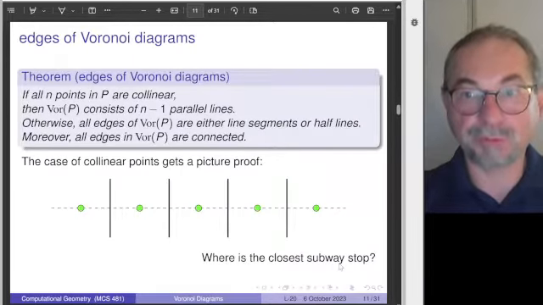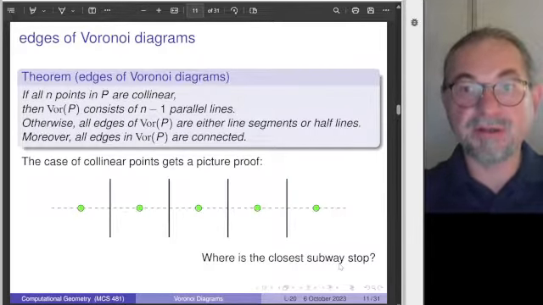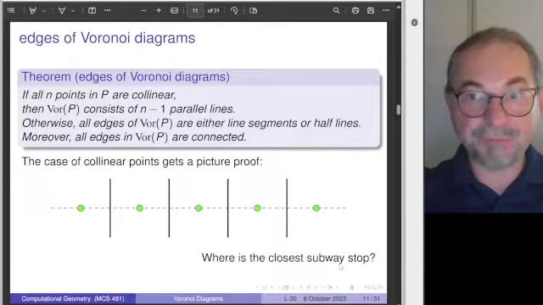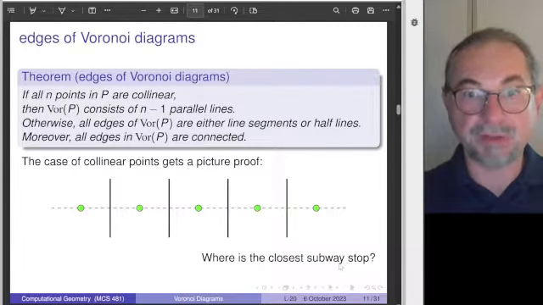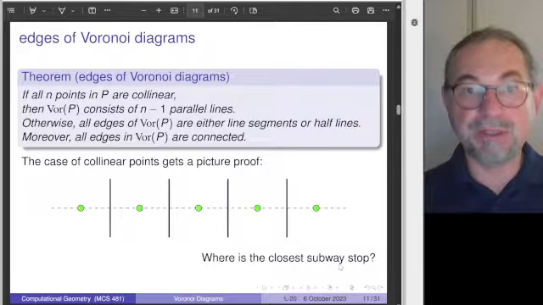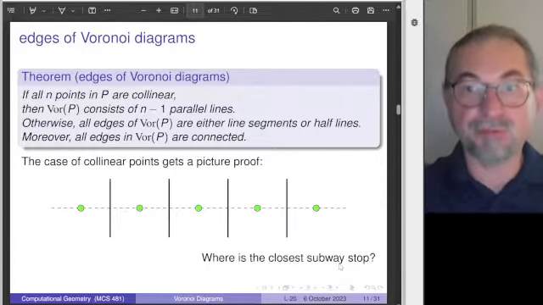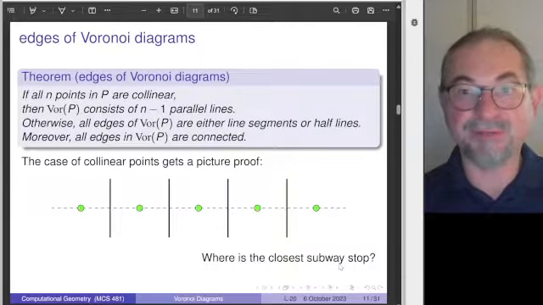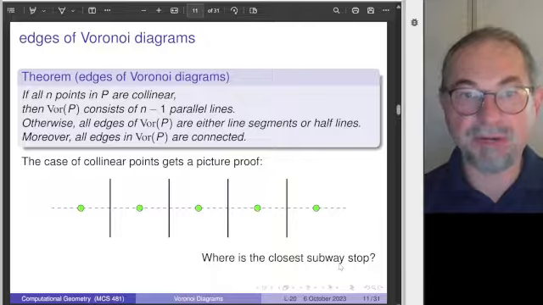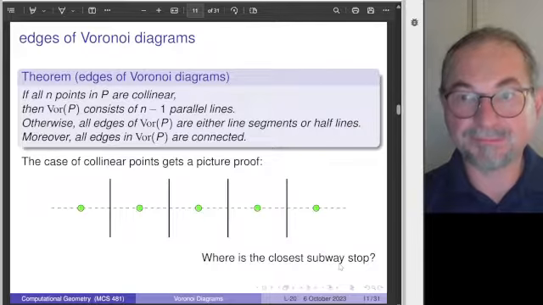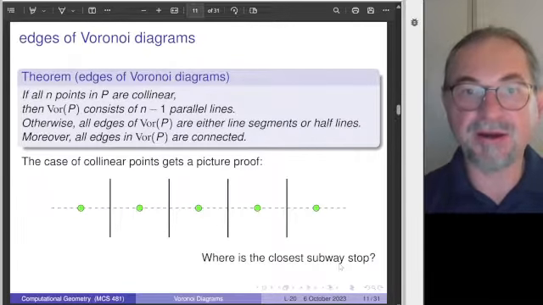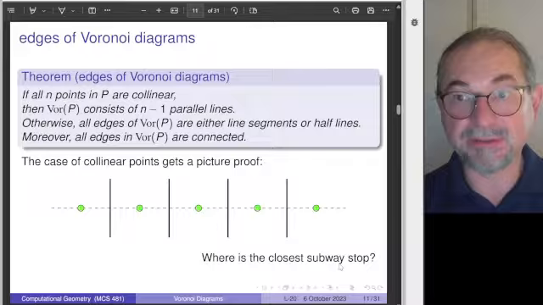If all the points are sufficiently generic, so no 3 points lie on a line, then we have either line segments, which are bounded, or half lines, which stretch out to infinity. We defined a Voronoi diagram as a collection, but all the edges are connected.